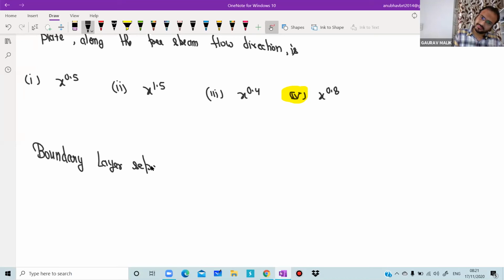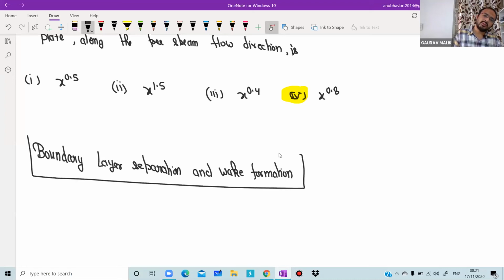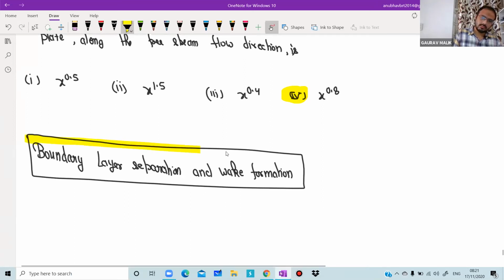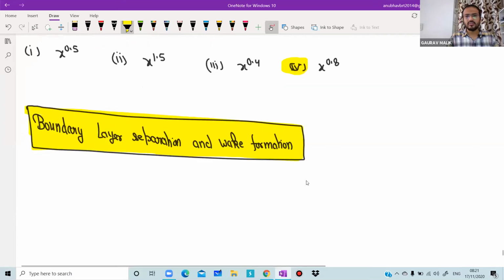Boundary layer separation and wake formation.